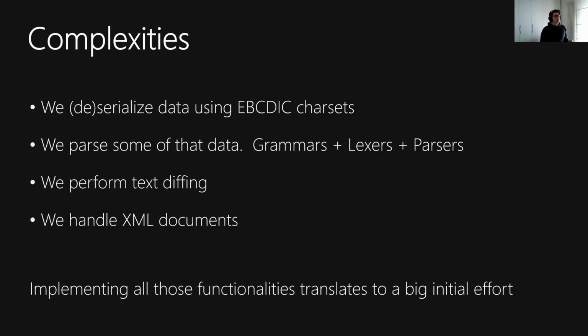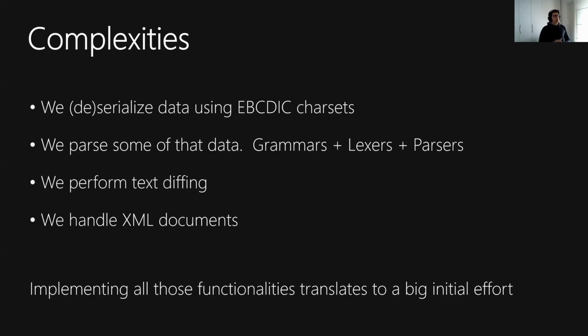And EBCDIC char sets are easy to use when you are developing over the JVM because they are typically provided by JDK implementations, but it's not the same for other platforms. For example, in JavaScript, you don't have access to EBCDIC char sets. You typically handle everything in UTF-8 instead. So here we have to roll our own implementation.